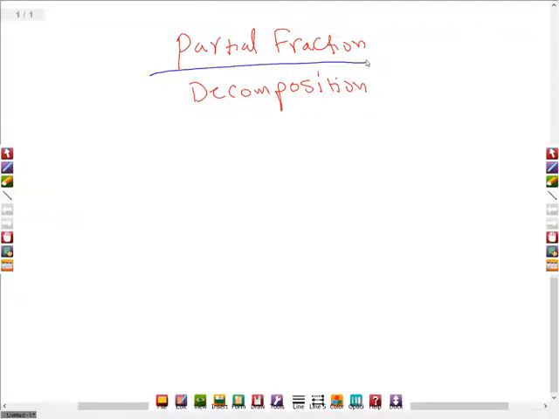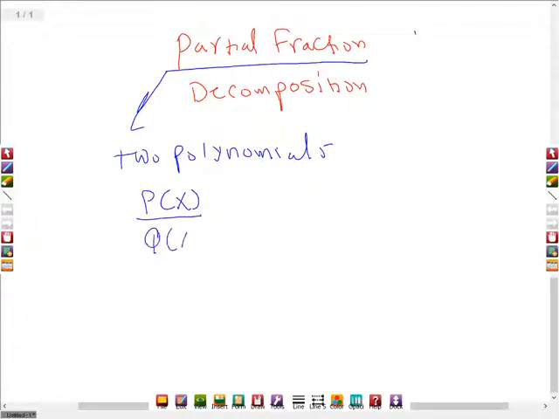I mean two polynomials, like this: P of x over Q of x, in this form.